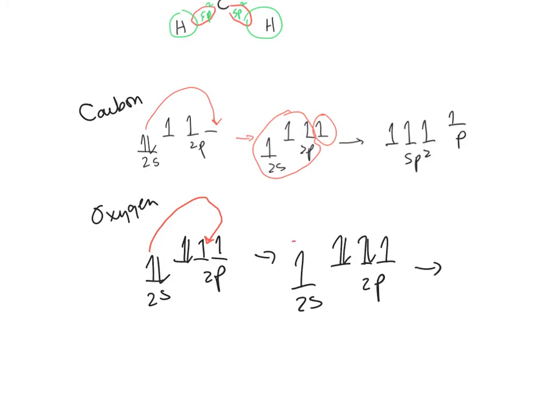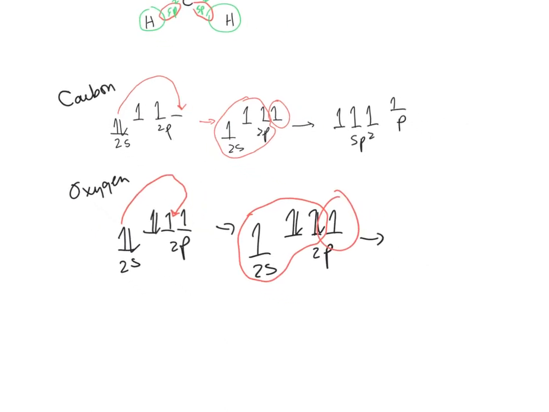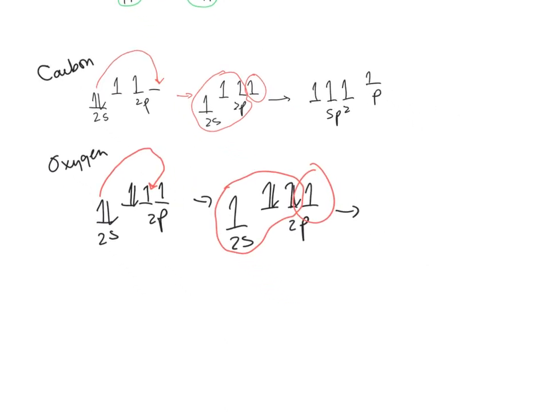Then you're going to hybridize an s and 2 p's. And then you're going to have the unhybridized p left over to make the pi bond. So it'll be 1, 2, 3 sp2 hybrids, and the unhybridized p, 1, 2, 3, 4, 5, 6.